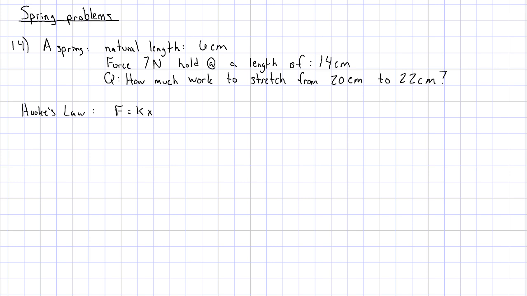And then K is the spring constant, and the units on the spring constant are newtons per meter. And then X is the distance in meters from the natural length.